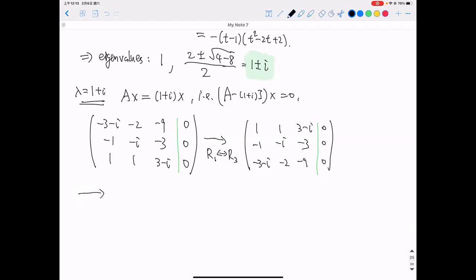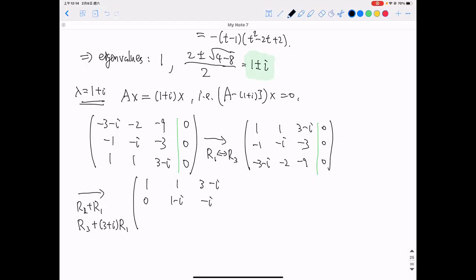That is R2 plus R1, R3 plus (3 plus i) R1. Okay, yeah, let's do that. So R1 stays the same. R2 plus R1 will make this entry 0, 1 minus i here, minus i there.